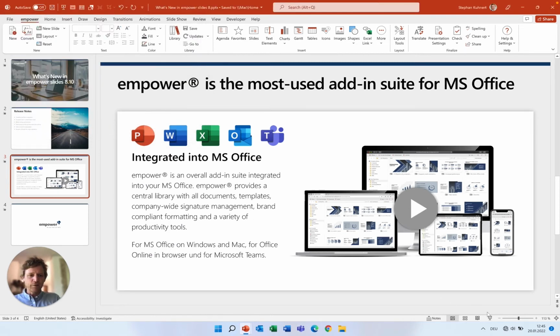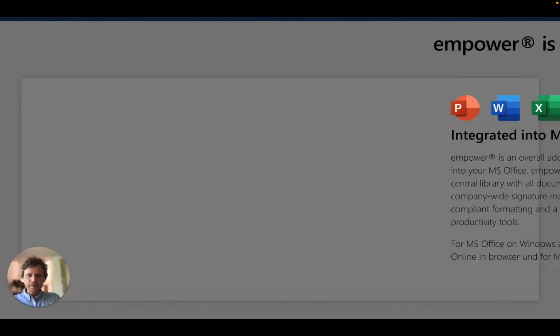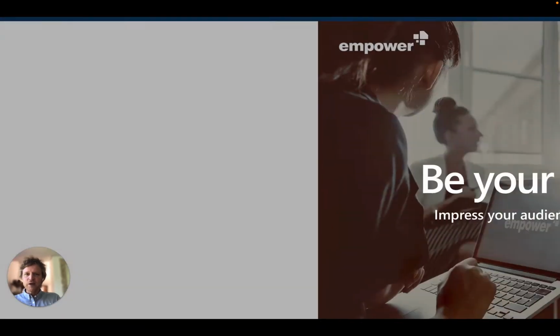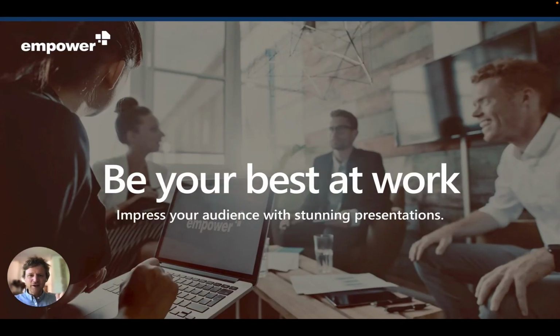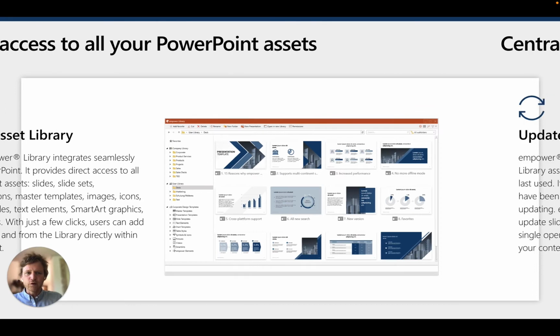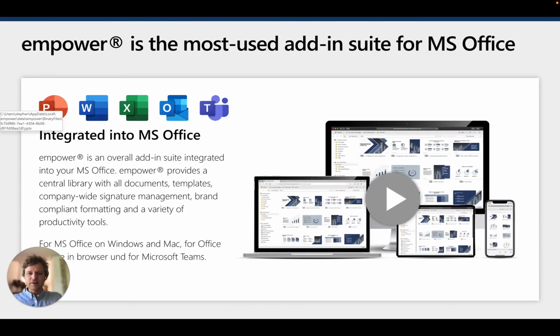So what happens now if I go into presentation mode, I'm on that slide, and I have this new link here that I just added. If I click on that link, automatically the presentation from my Empower library opens up that talks about Empower Slides and how we improve the work in PowerPoint. And of course, you can go through it or you can escape it, and then you come back to the original presentation.